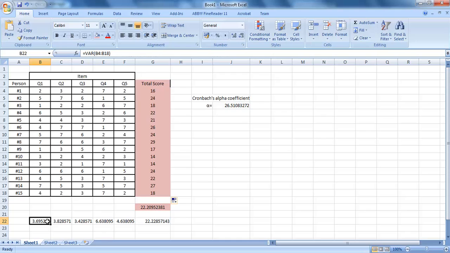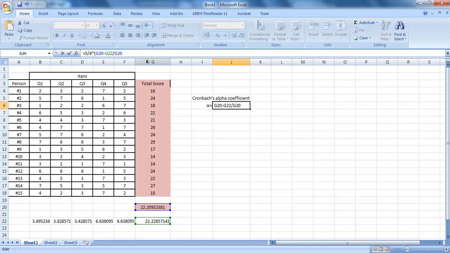So how about this one is variance from B4 to B18, and then I duplicated the formula and then I totaled it. Then I calculated the coefficient. So okay, the formula is wrong.